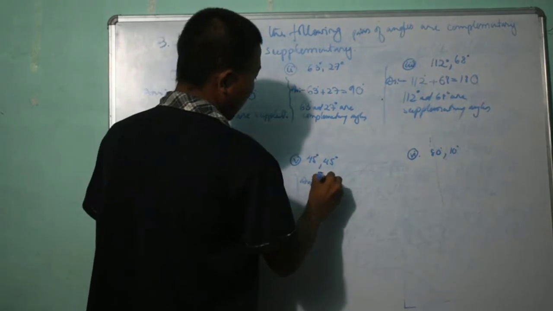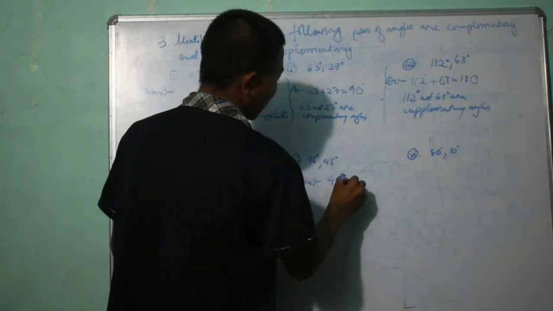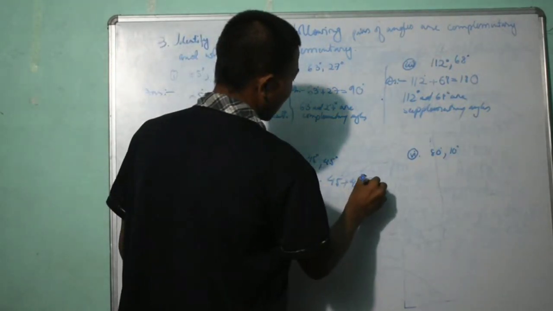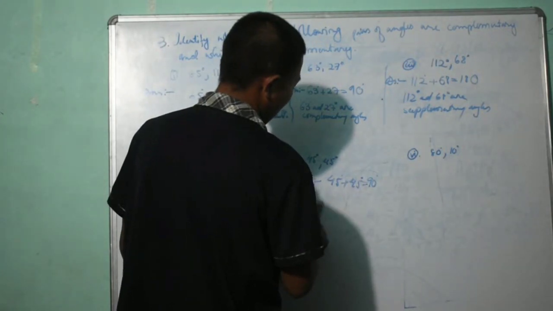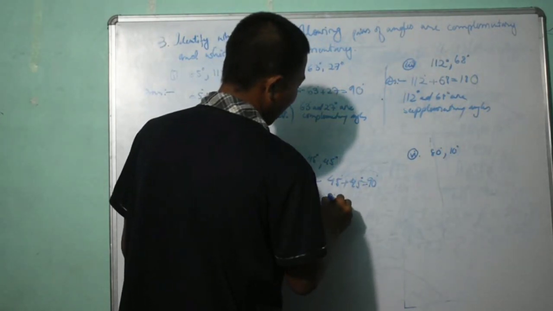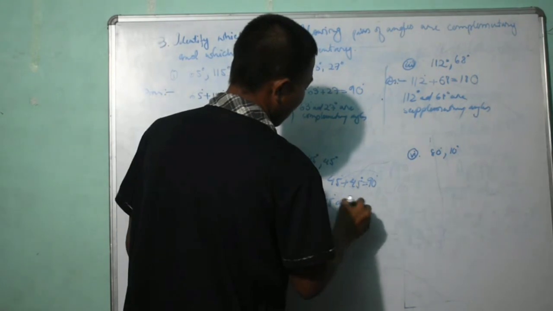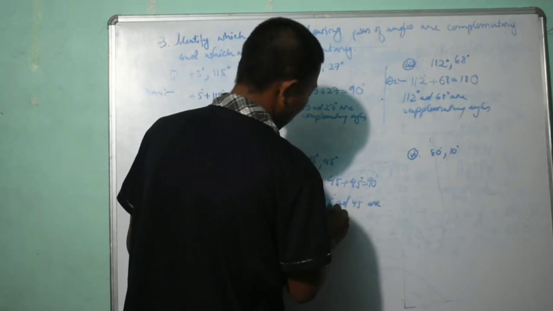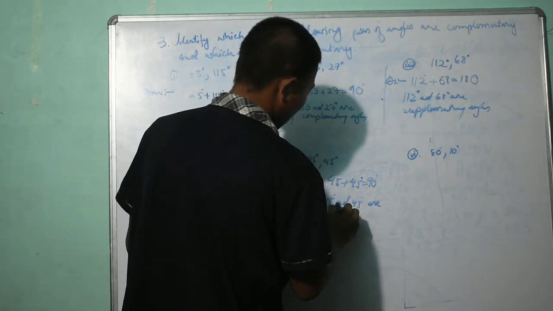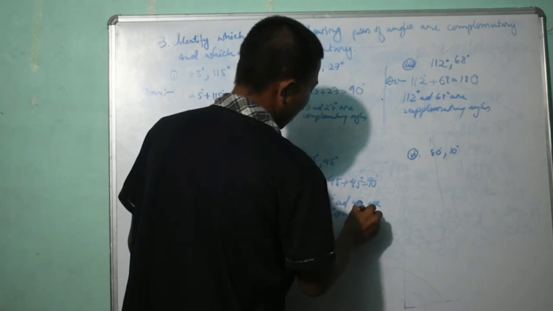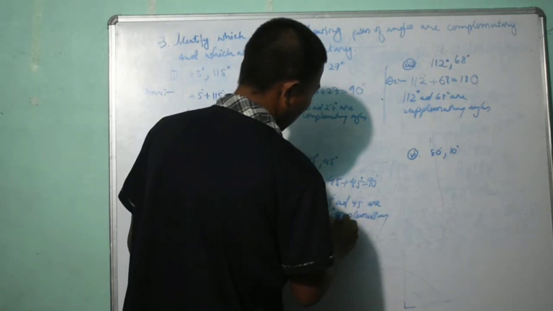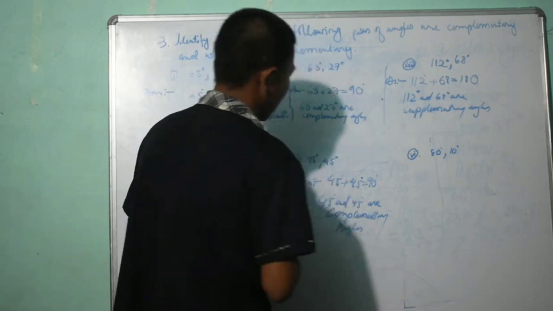In Roman number 5, 45 degree plus 45 degree equal to 90 degree. So 45 degree and 45 degree are complementary angles.